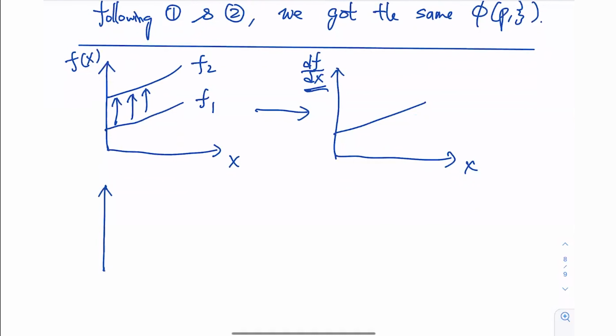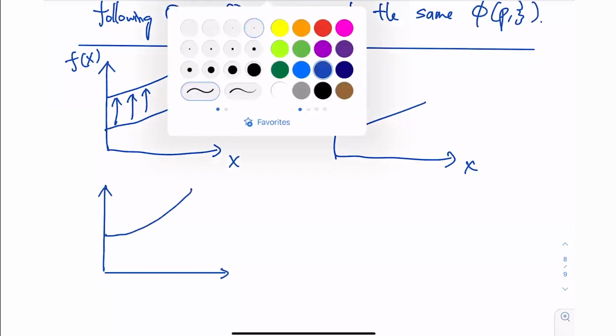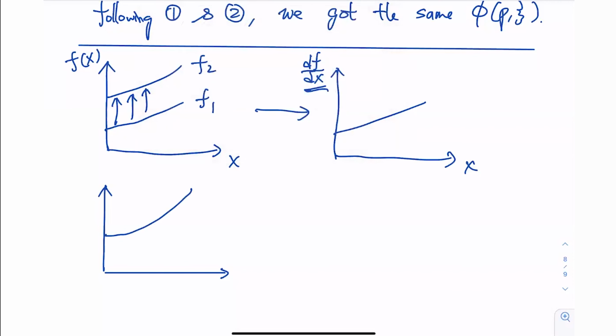However, if you add a little more information about your system, suppose you have a function f that looks like that, and instead of just the slope, you want to construct the tangent at every point of your curve. For example, the tangent might look like this. The last one is badly drawn, but okay.